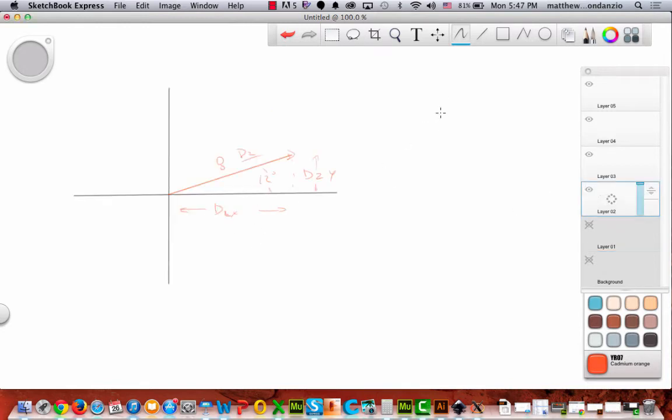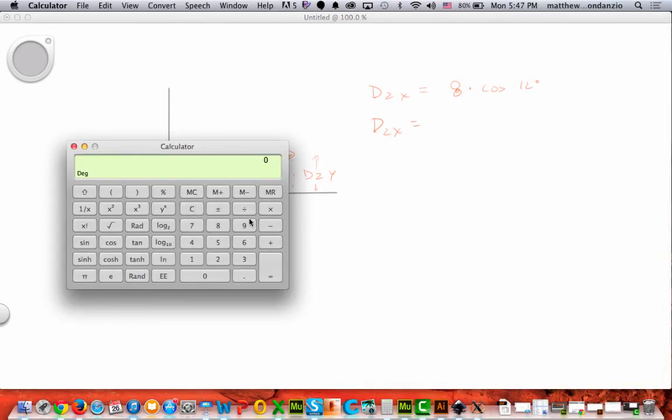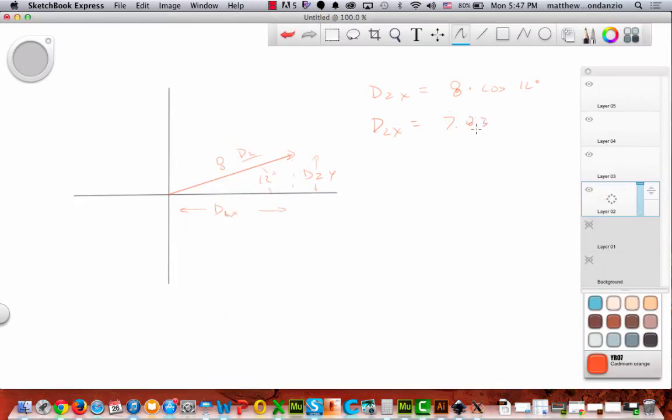So now that I know that, I can say, hey, look, our d2x is equal to 8 times the cosine of 12 degrees. So that means d2x equals 12 cosine times 8, which is 7.83. This is 7.83.